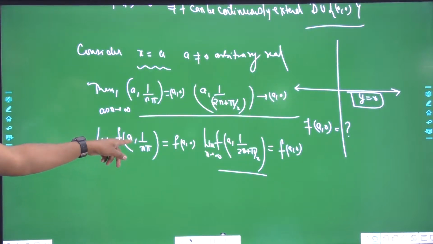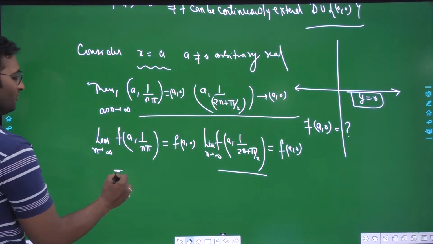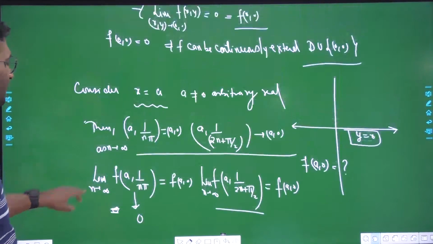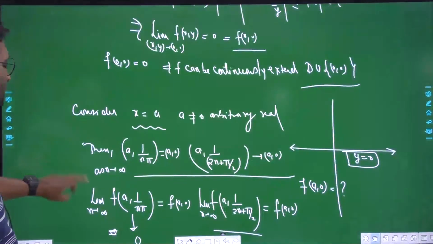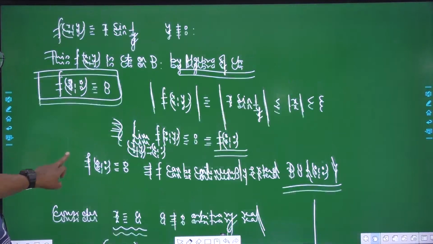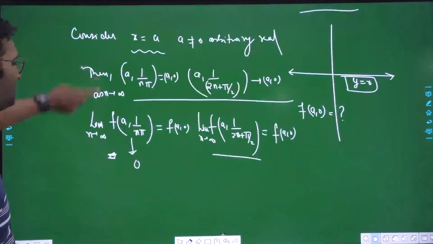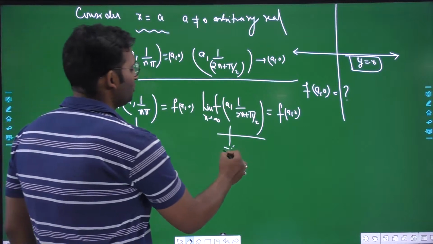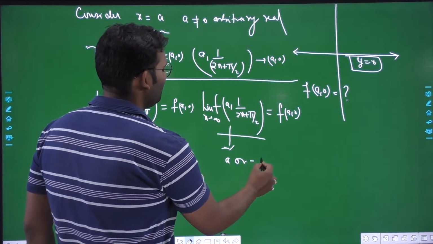As n tends to infinity, f of (a, 1 upon n pi) will converge towards 0. I am writing the function so that you can keep a mark on it: f(x,y) is given to be x into sine 1 over y. You can clearly see that if I put 1 over n pi here, this will go towards 0. And what about the other sequence? This will go towards either plus a or minus a.